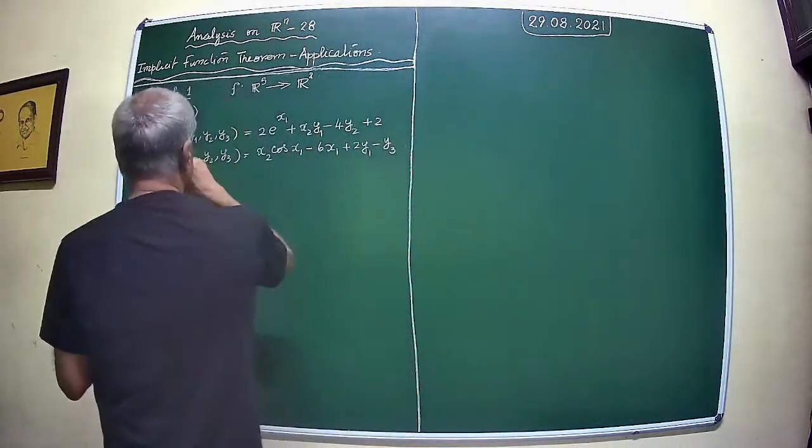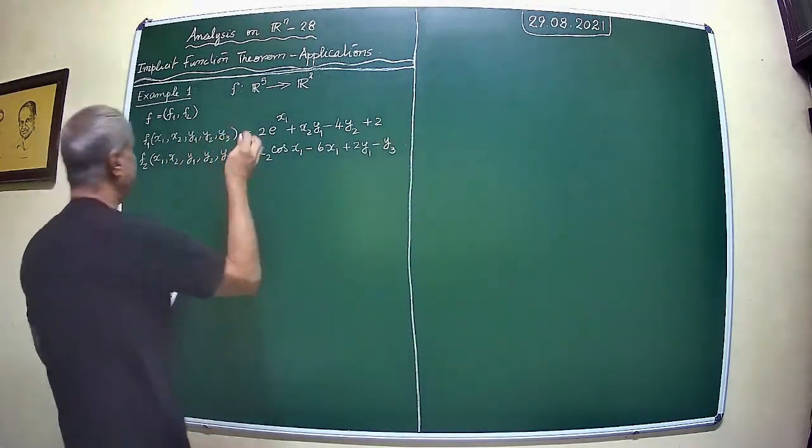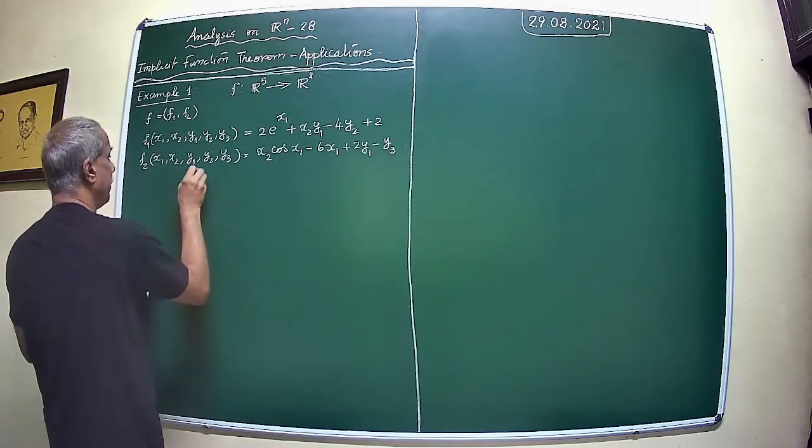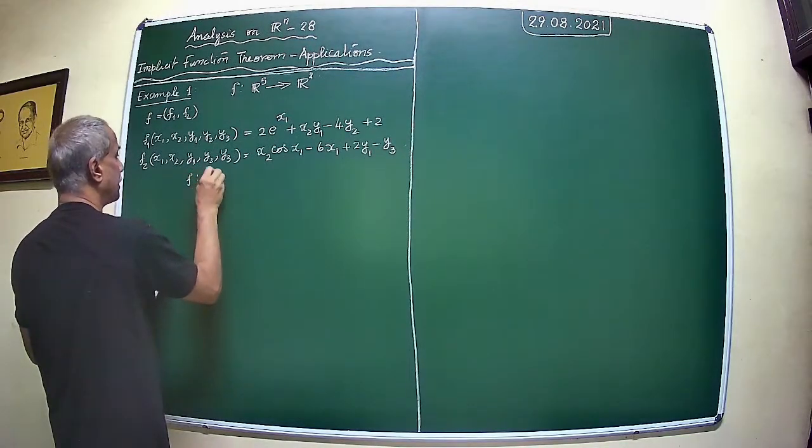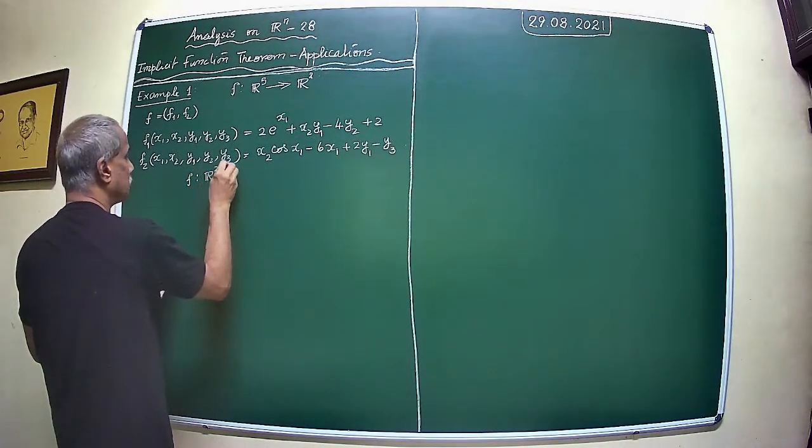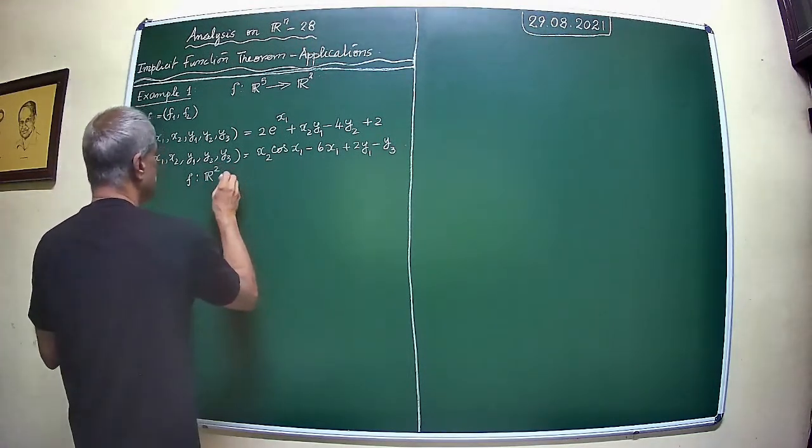Now you see that I rewrite this in the form F is a map from R2 cross R3 to R2.